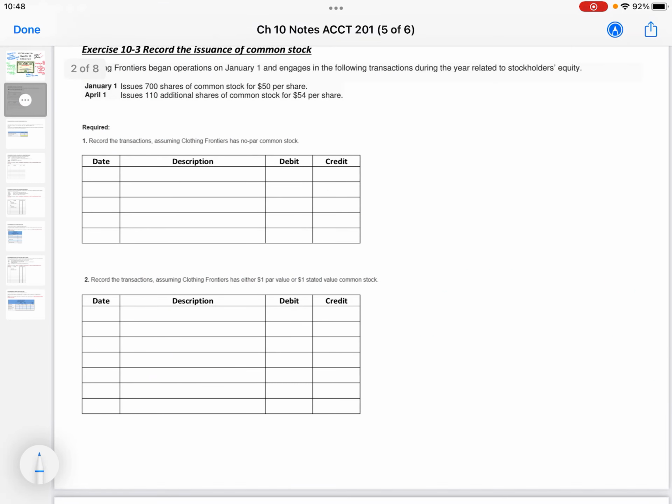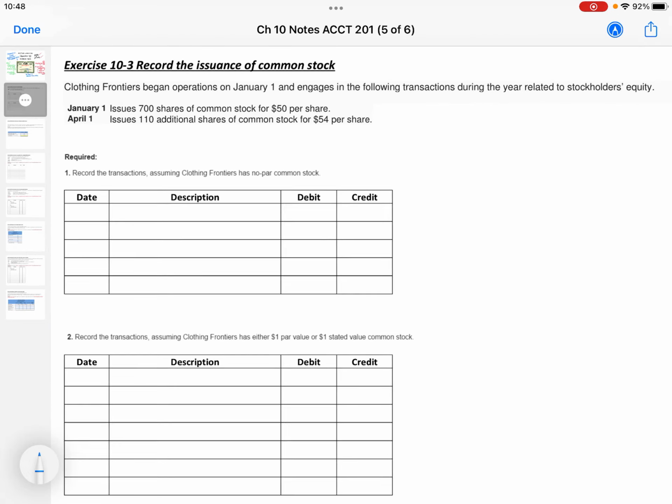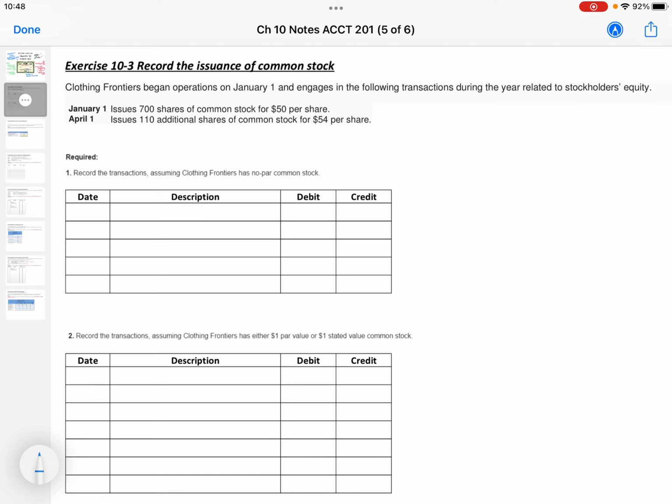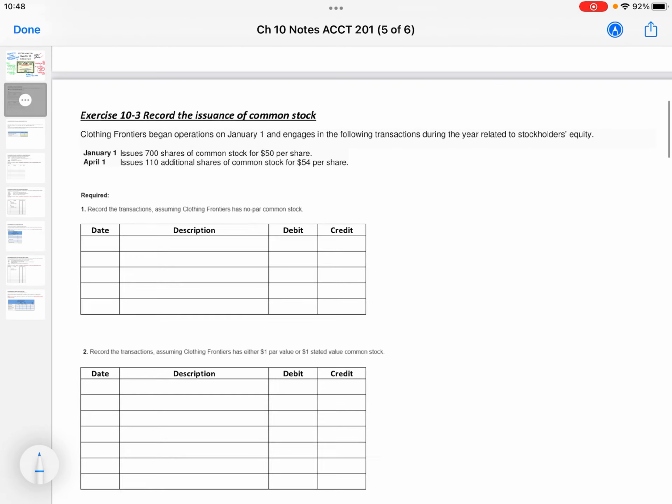Okay, our first problem is Clothing Frontiers. And we have been doing journal entries for issuing stock since chapter 2. However, we've never learned about par. So I just mentioned par a minute ago. It is legal capital per share. It's quite literally printed on the share of stock.